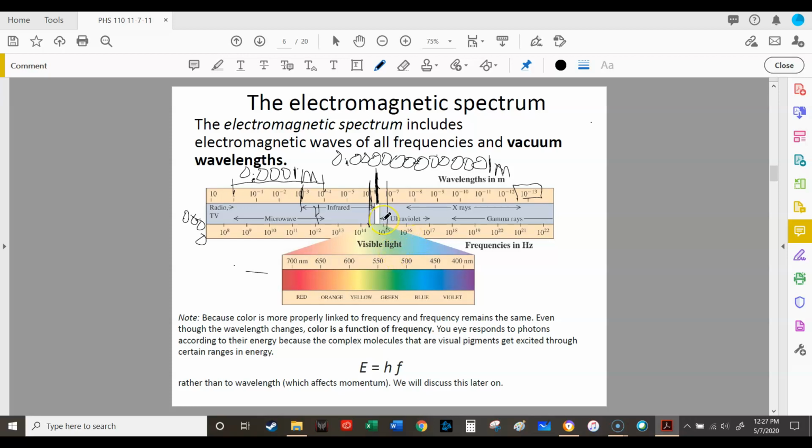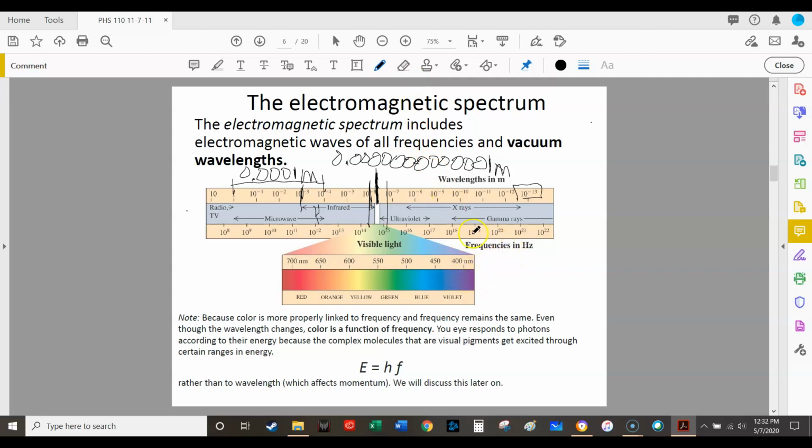That is really small. The interesting thing, though, about this, is that even though we're measuring these wavelengths in terms of vacuum wavelengths, the color that we see is actually more linked to the frequencies, and frequency is in hertz.